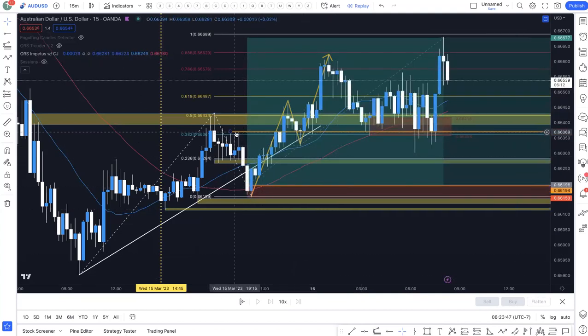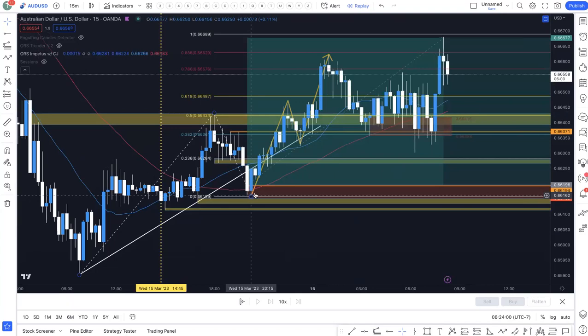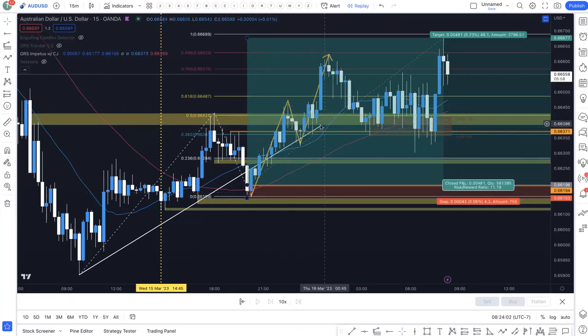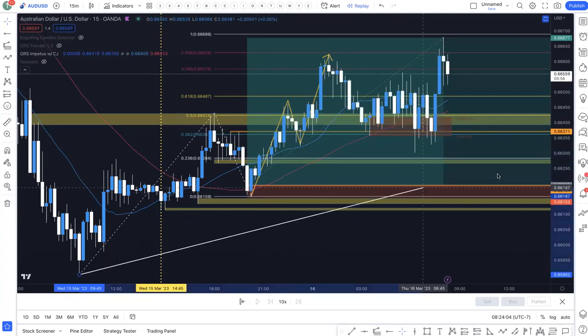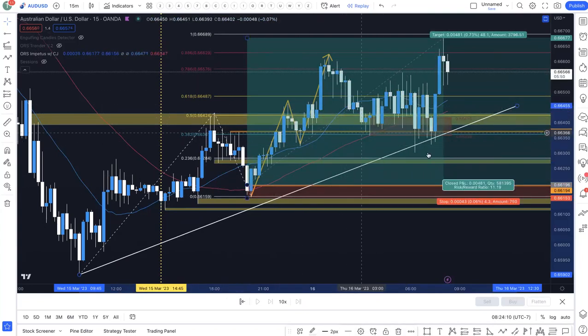We had the break of the main impetus here, had a retest opportunity here for the continuation, and then now it got really silly, but it's still bullish, right? Because it hasn't broke this impetus level at the moment. So this is the current situation happening here. And yeah, no impetus level breaks yet.